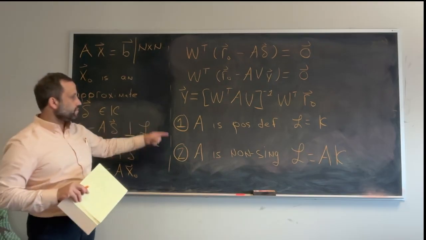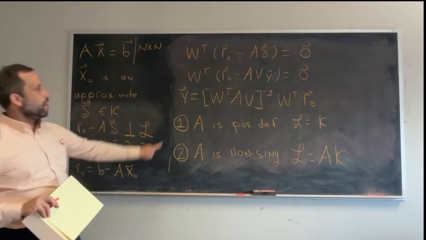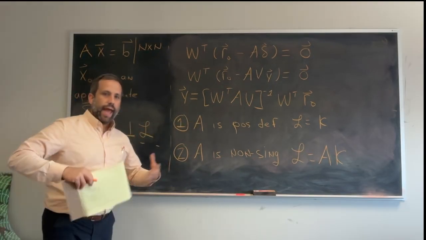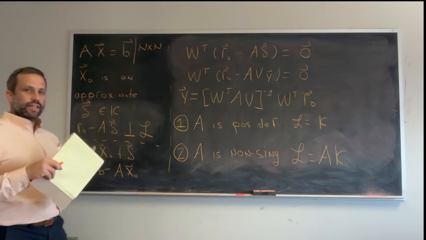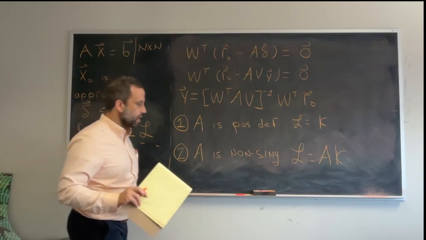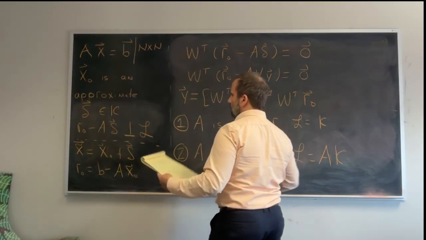If either one of these is true, then we know this matrix is going to be invertible, and this iterative method that we're defining is one where at least we have a solution on each step. Whether or not it converges still remains to be seen.